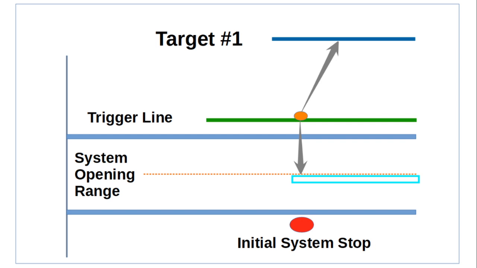And what happens is, think about it, you actually are getting 2 tries in the direction of target one for the same cost that you would have if you just followed the initial system stop, right? You just have to do a little bit more work. That's all. You just have to take a second entry.